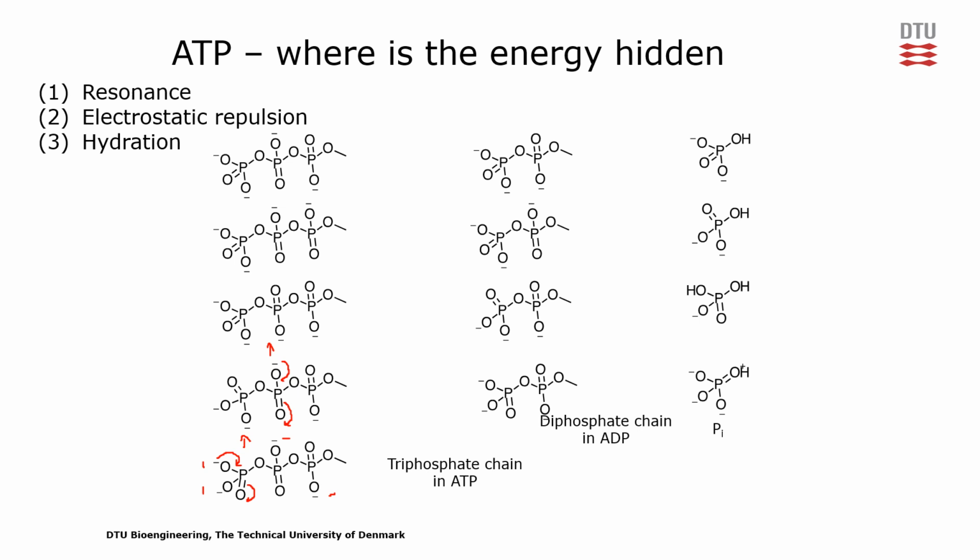This change in the resonance structure and the electrostatic repulsion will occur because, if we take this molecule up here in the middle, there will be electrostatic repulsion between these two, which would actually push this electron in here and then out here to give us a new molecule.